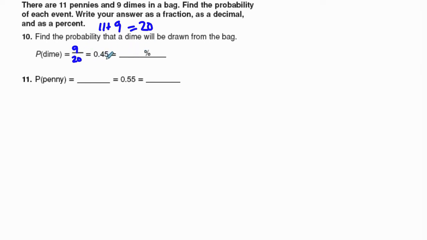Move that decimal 2 places over or multiply by 100. We get 45%. Probability of a penny. We have 11 pennies out of 20 coins. 11 divided by 20 gives us 55 hundredths. Move that decimal 2 places over to the right, gives us 55%.